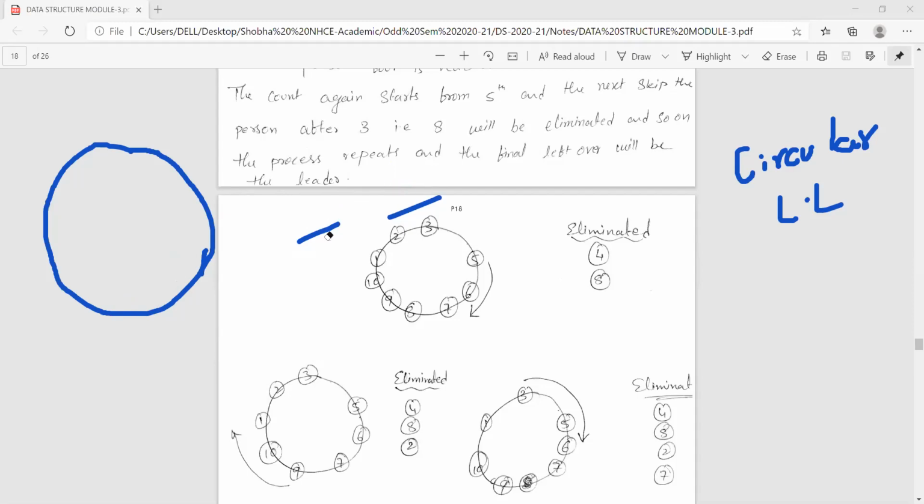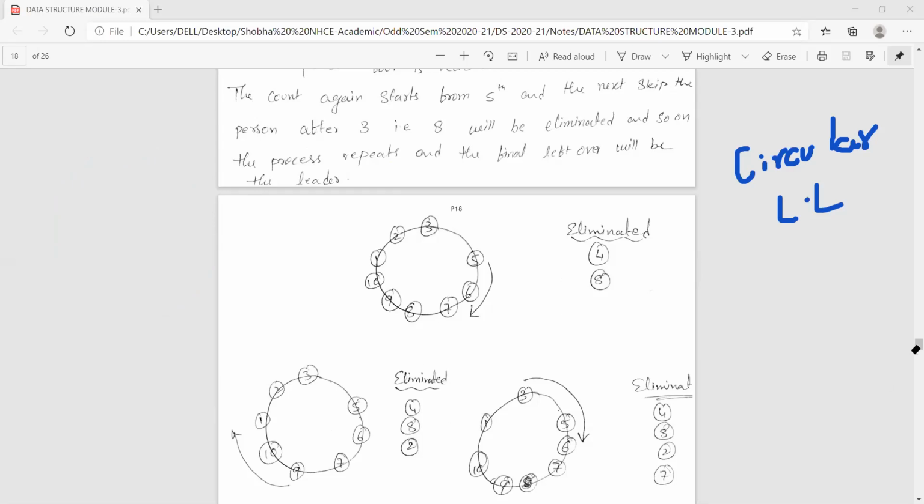Instead of every fourth elimination, if I give 2 or 3, a different one will come. Got the point? This is the Josephus problem, very simple and very interesting also. Suppose if you want to start from 4, as you said, you can do that also. Anyway, I'm not explaining the process again. Let us just proceed, but you can check in the same way.